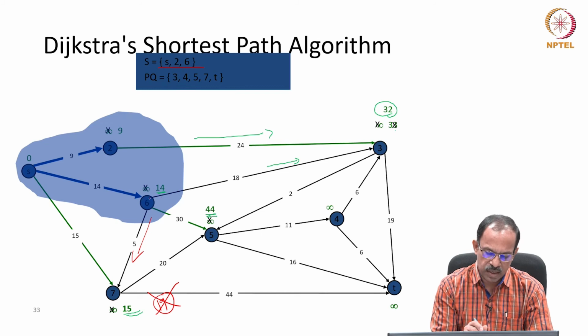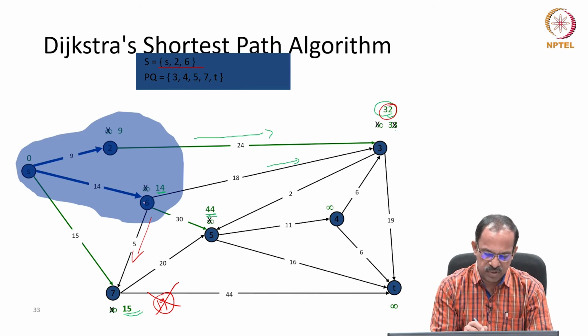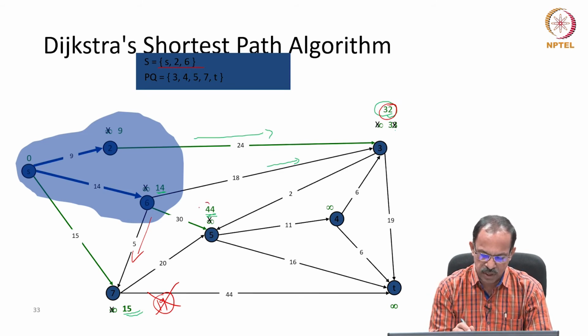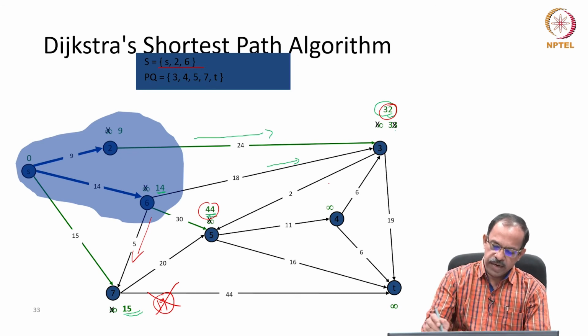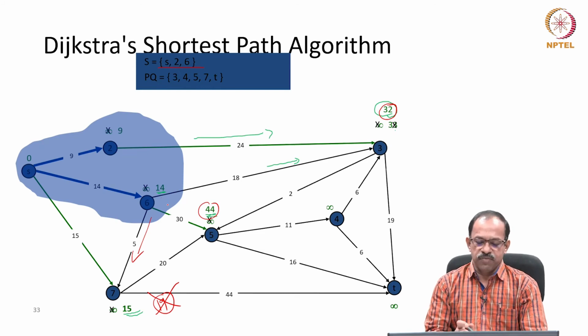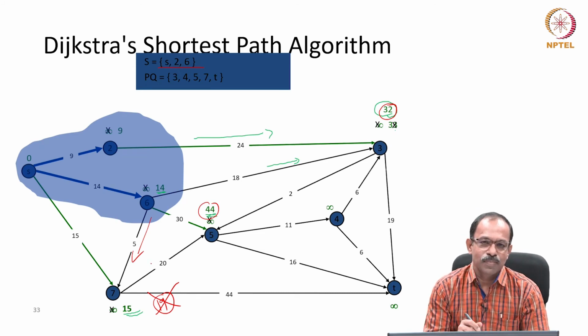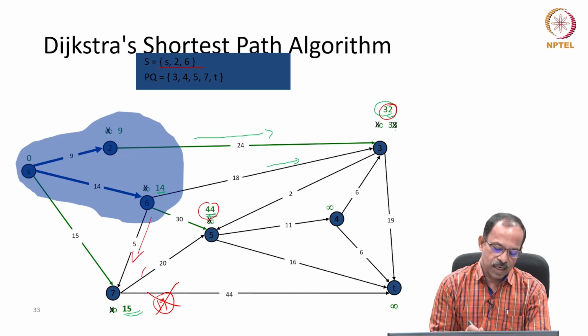Similarly, from 6 to 3 it will be 14 plus 18, which is 32, and then from 6 to 5 it is 30 plus 14, 44. So, it has expanded all the neighboring nodes and found the costs, and if the cost is more than the already existing cost to that node, that will not be updated; otherwise it will be updated.